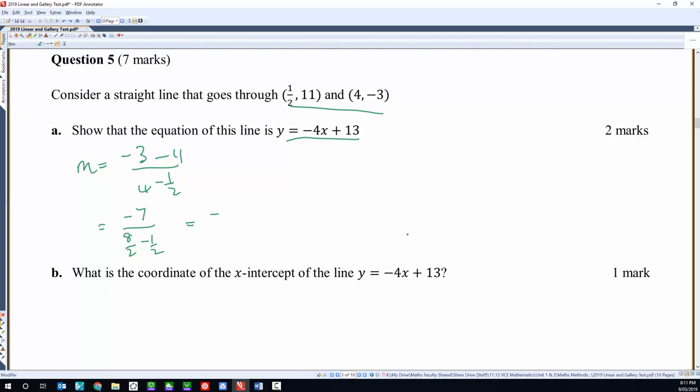There's my mistake. I can't read my own handwriting. That was not a 4. That was supposed to be an 11. So negative 3 take 11 is negative 14 over 7 on 2, which is negative 14 divided by 7 on 2, which is the same as negative 14 times 2 over 7, cancels 2, equals negative 4.